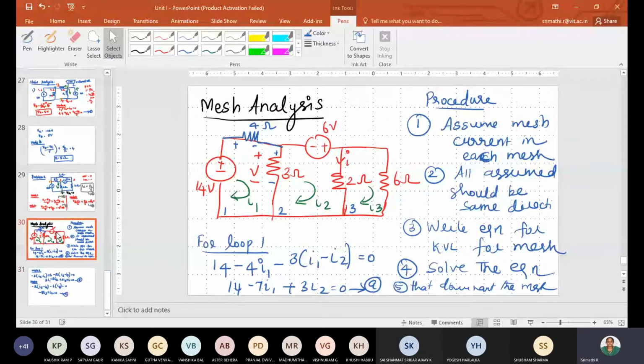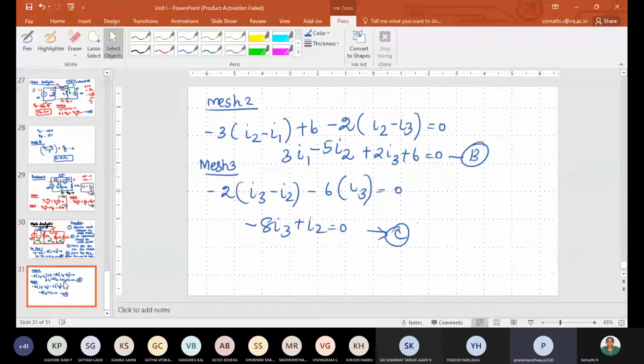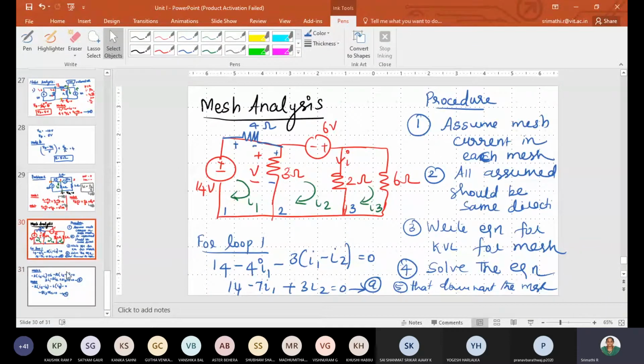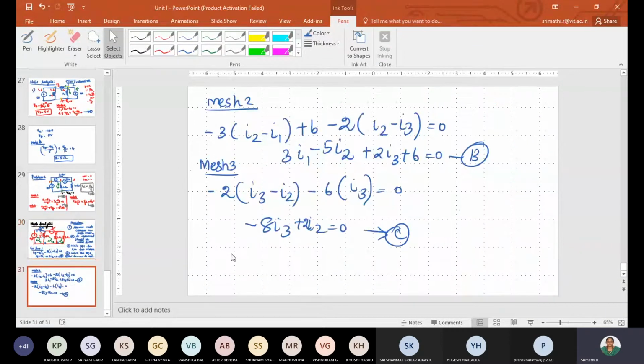Ma'am, in equation C, it is 2I2, ma'am. And write equation A also. What is equation A? It is 14 minus 7I1 plus 3I2 is equal to 0.